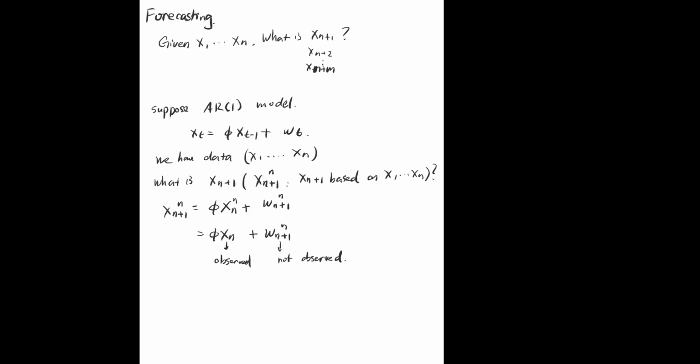The reason is that we do not observe the error term in period n+1. That means we cannot do the exact prediction. So in practice, what people do is an average-level prediction, or the expected level. So we take the expectation on both sides.